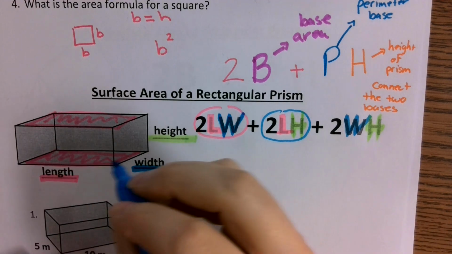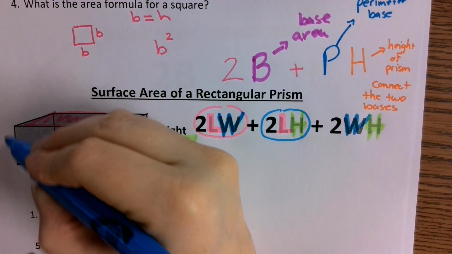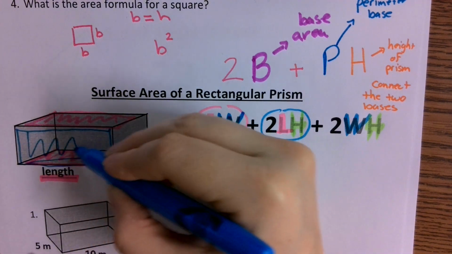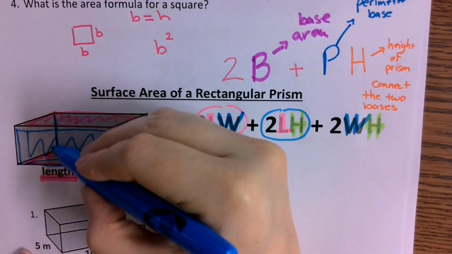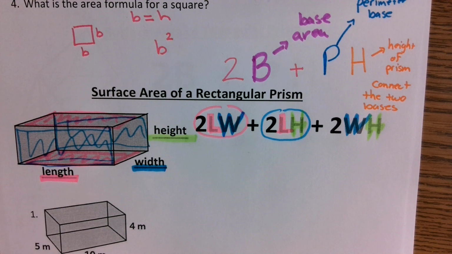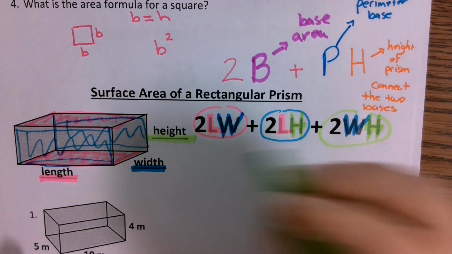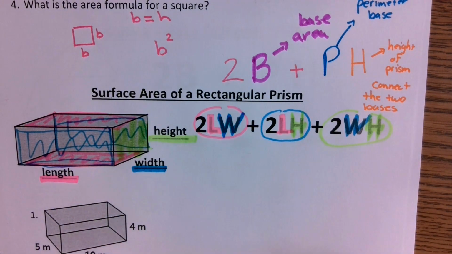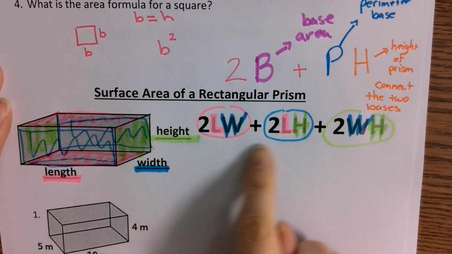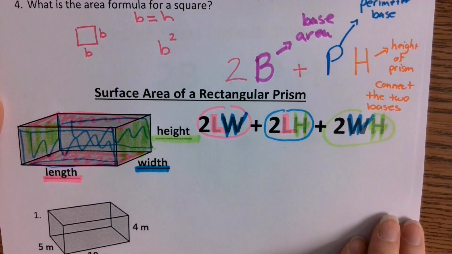Here's my length by my height. I have one in the very front, and I have one right back here in the very back. And then you have 2 of these width by height rectangles, which would be these side ones right here. One on this side, one on this side. So you've got 2 of each type. That's why we multiply them by 2 first, and then we add all of those areas together.